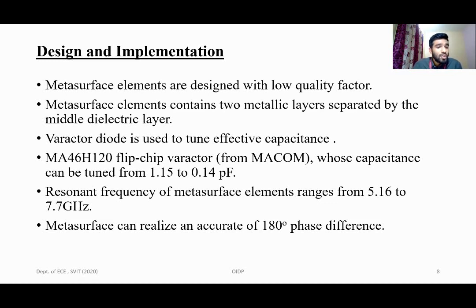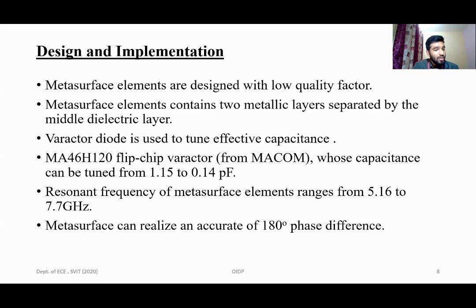A varactor diode is used to tune the effective capacitance. The varactor diode should be chosen with low ohmic loss, and should have a high tunable frequency with a wide frequency band.